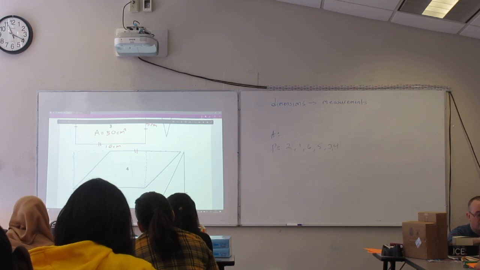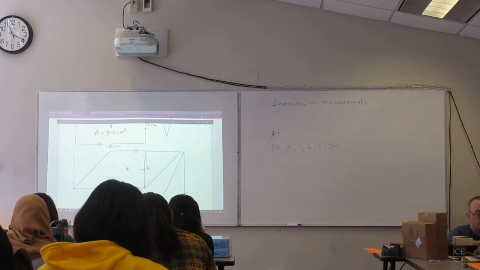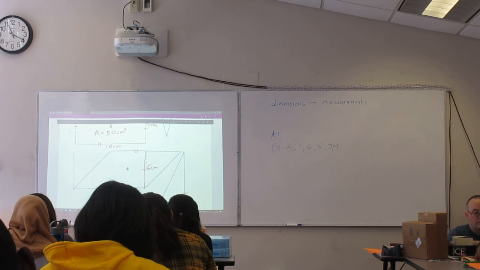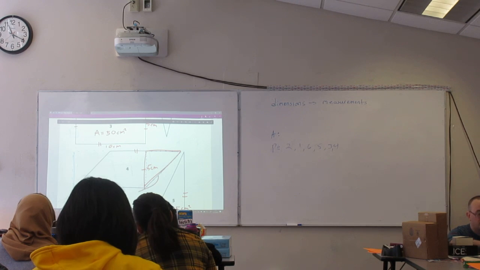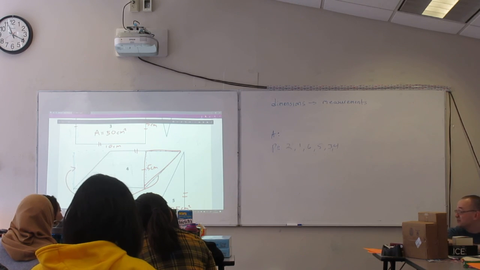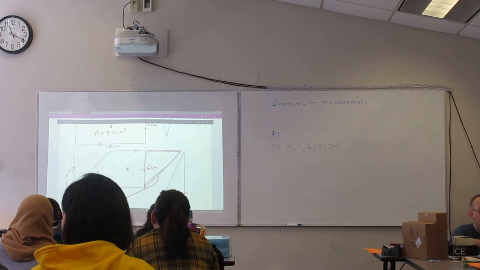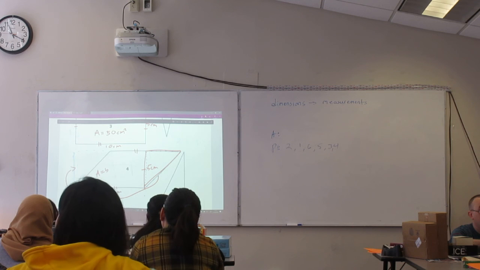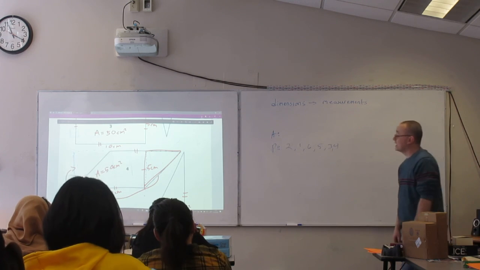But then we have this. This is our height, and our height actually measures 5 centimeters, because it's like taking this triangle piece and moving it to that side. Okay? And what do we get for an area? 50. We get the same as the rectangle.